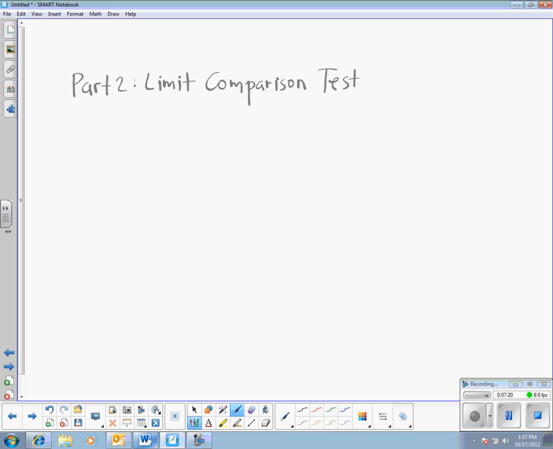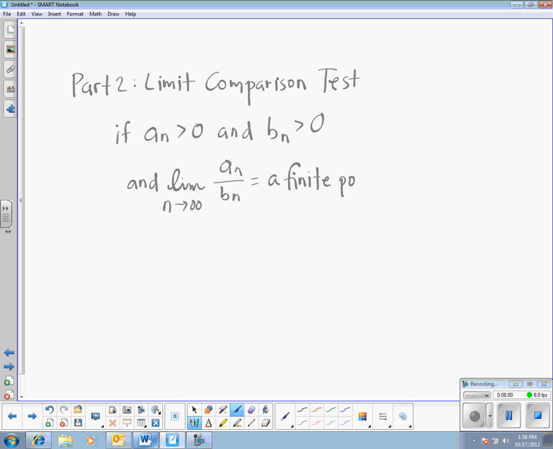If two different series, A and B, and A sub n and B sub n are the formulas for each of those series, if both of them have all positive terms, and the limit as n goes to infinity of A sub n over B sub n is equal to a finite positive number, then both A and B converge or both diverge.